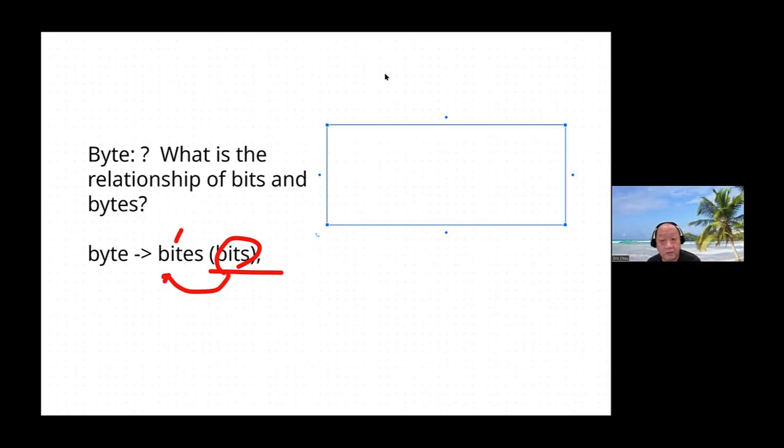So the byte, there's actually no special reason why 8-bit is picked, but somehow they picked 8-bit, and 8-bit originally was 7-bit, IBM's ASCII.